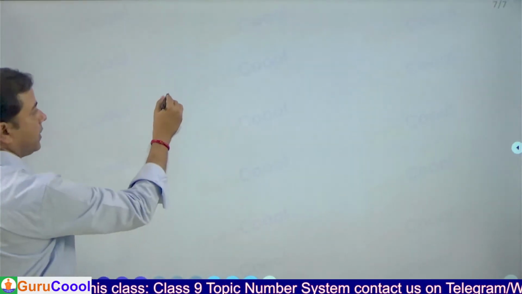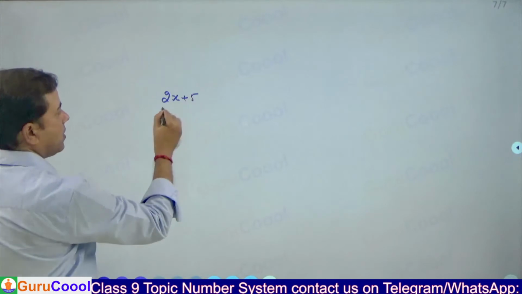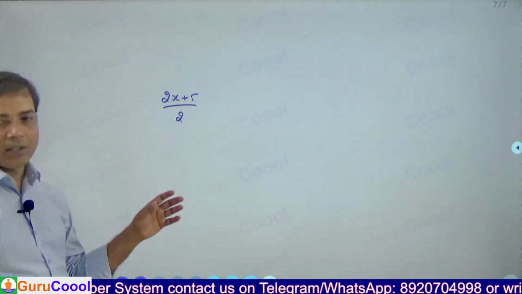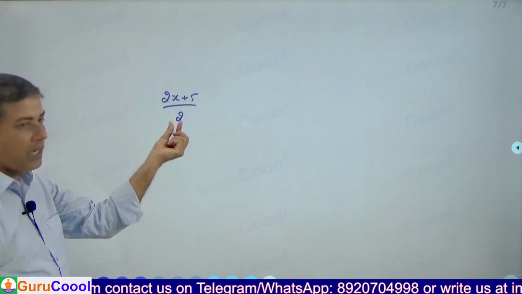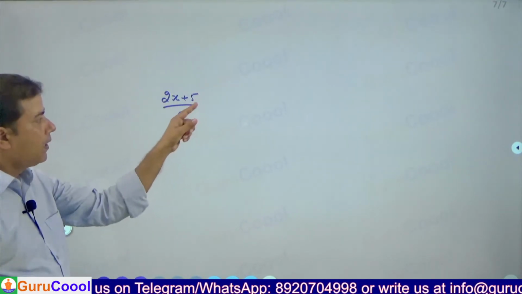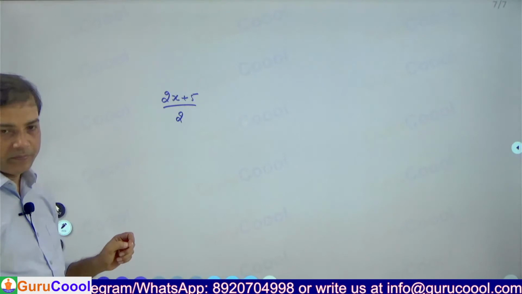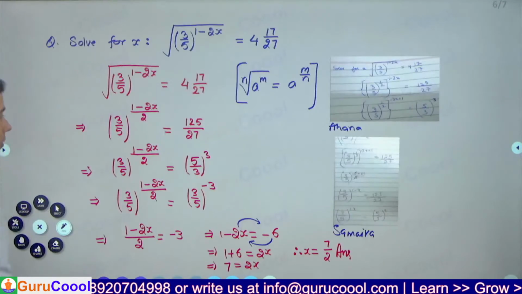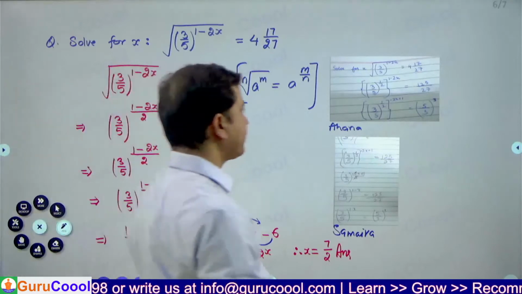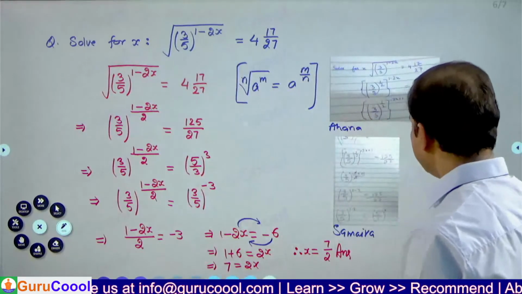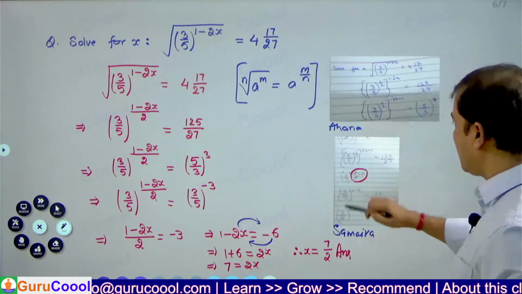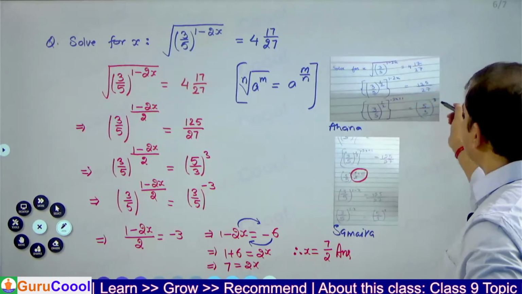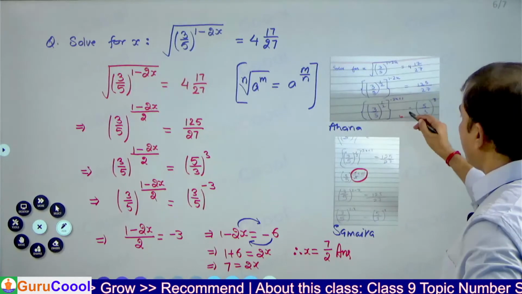If it is like this, that means 2 is common in division for both of them. You cannot cancel only one. So this treatment is mathematically incorrect, and in this one, till this step it's okay, but after this it's not done.